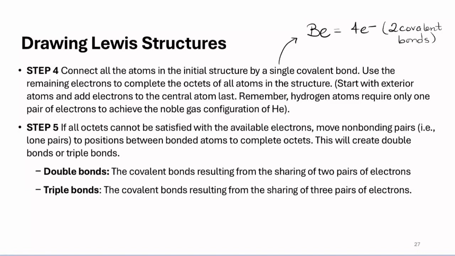The other exception to the rule is boron. When it comes to boron, boron likes 6 electrons surrounding it. That means that typically boron only has 3 covalent bonds surrounding it.